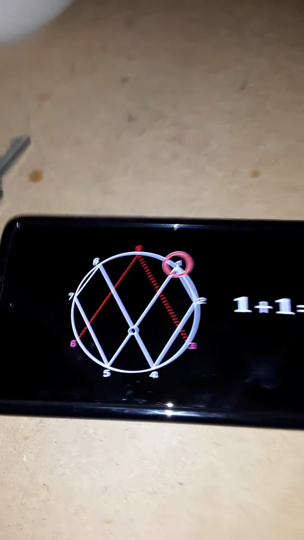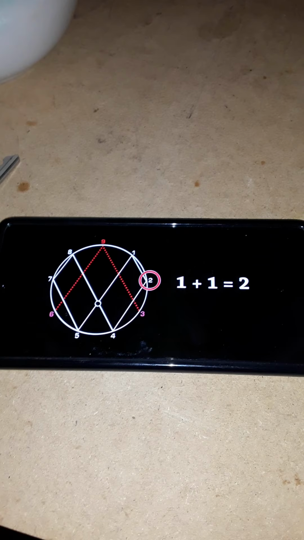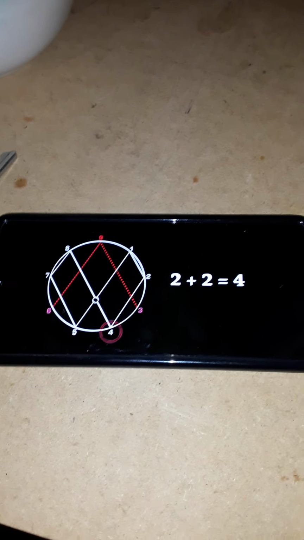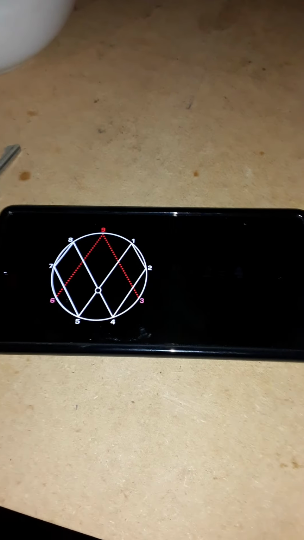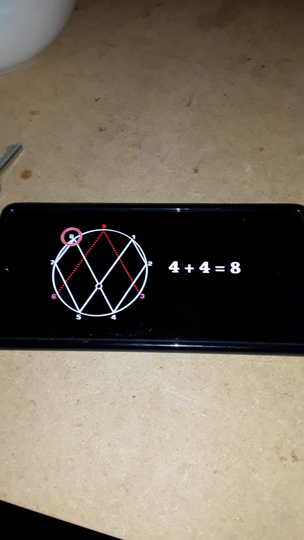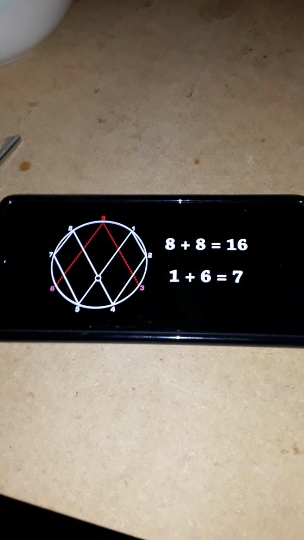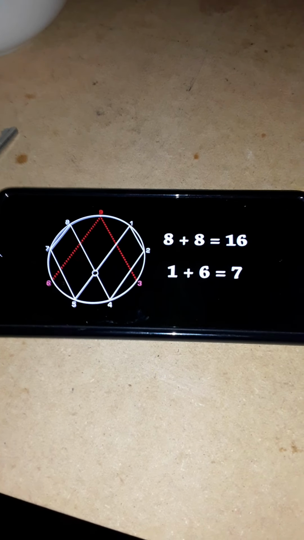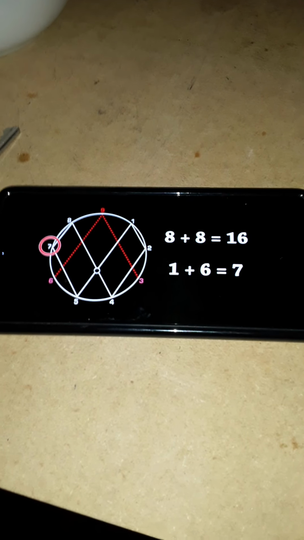When we double the number 1, we get the number 2, which is connected here with a line. When we double the number 2, we get the number 4. When we double the number 4, we get the number 8. Doubling the number 8 gives us 16. And since 16 is a double digit, we reduce it by adding 1 and 6, giving us the number 7, which, as you can see, is connected to the number 8 by a line.